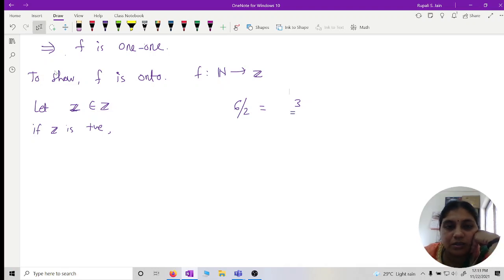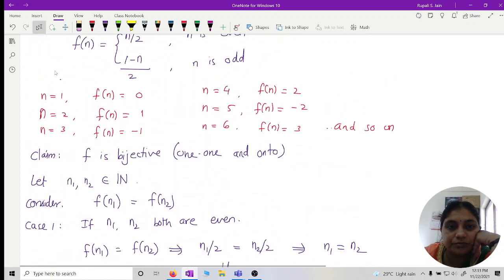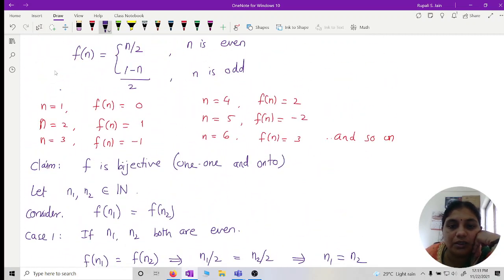Just now we have written here. For 3 I will have pre-image 6. For 0, n is equal to 1 will serve. For 1 there exists a natural number 2, like that.